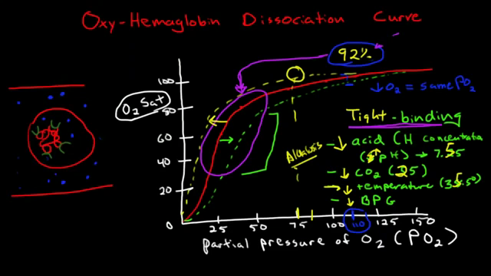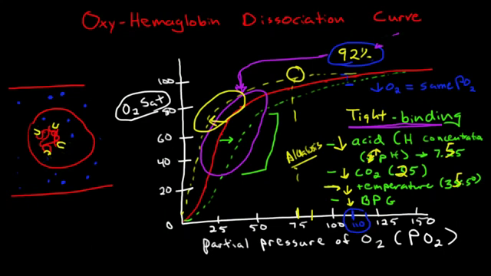And to make matters worse, down here where the oxygen is being delivered to the tissues, the oxygen is actually very tightly bound to the hemoglobin. So even when the oxygen concentration becomes quite low, it's going to be clinging to this oxygen very, very tightly.